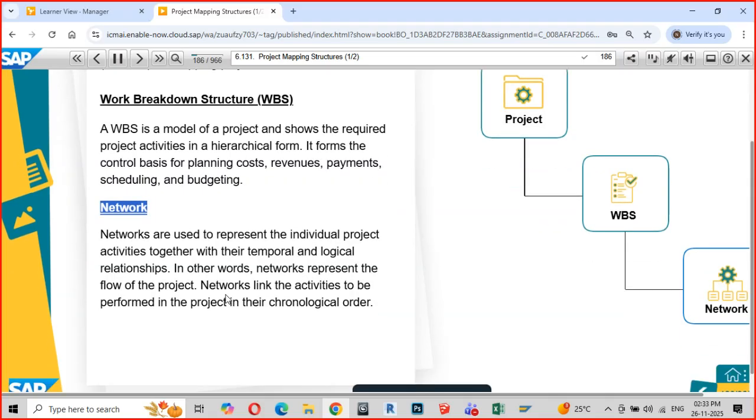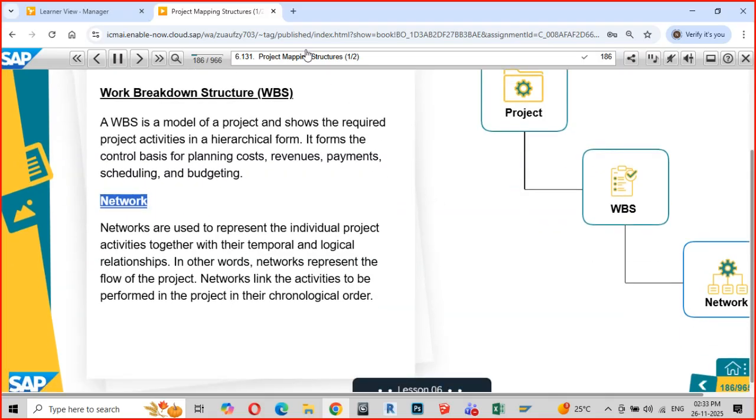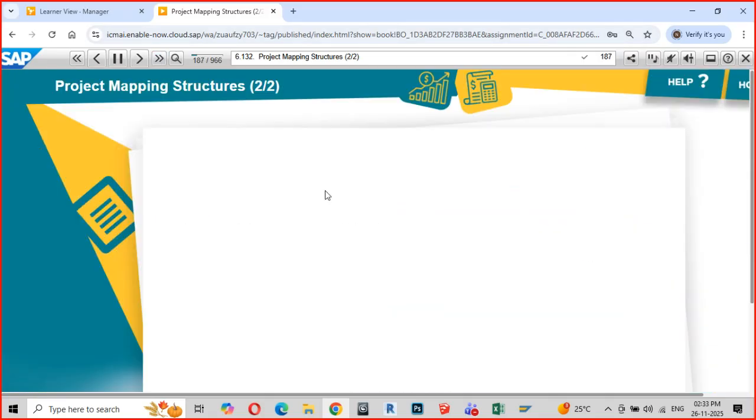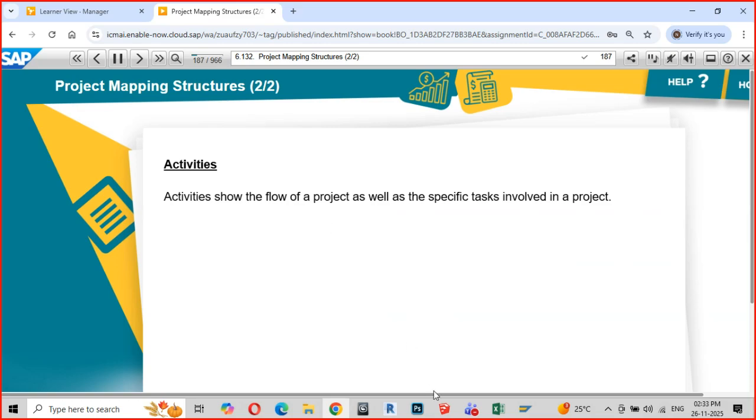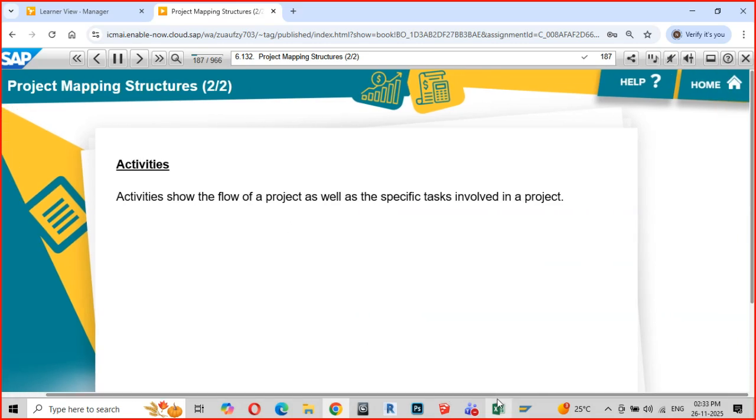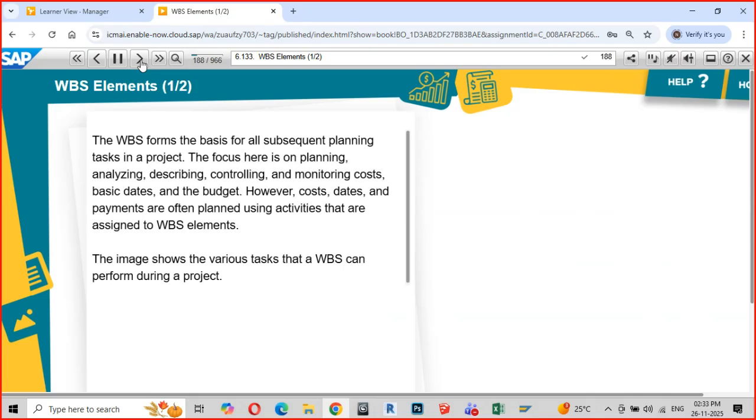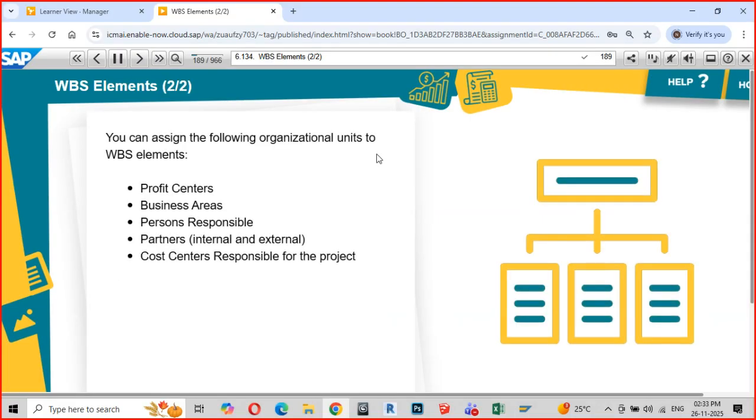Networks are used to represent the individual project activities. So what is a WBS? What is a network? What is activities? Yeah, from the PS perspective, project systems perspective. So the WBS forms the basis for all subsequent planning. So all for you to read, dear students. Okay.